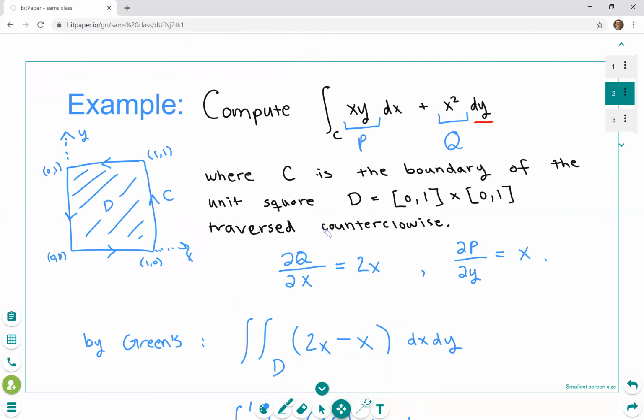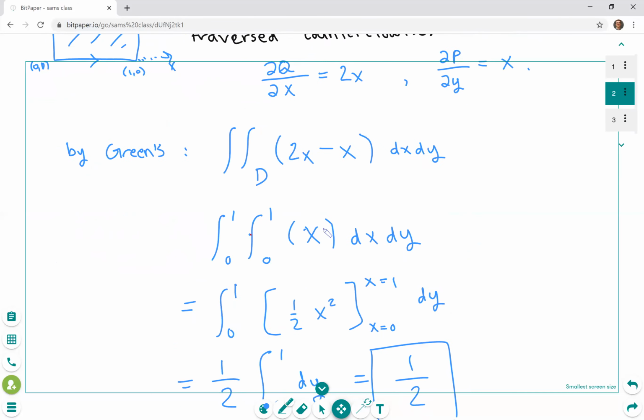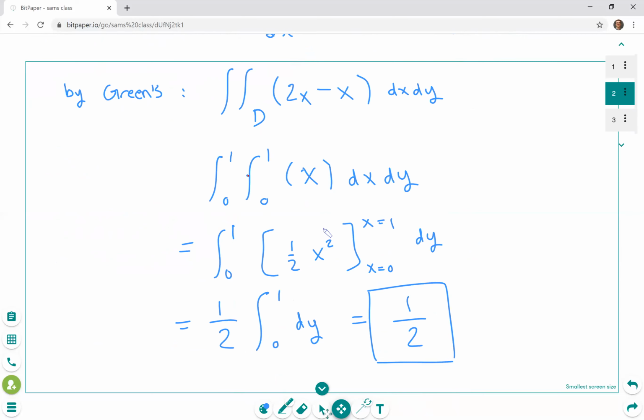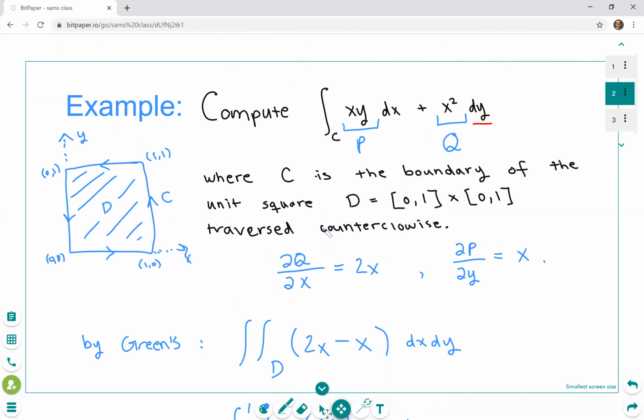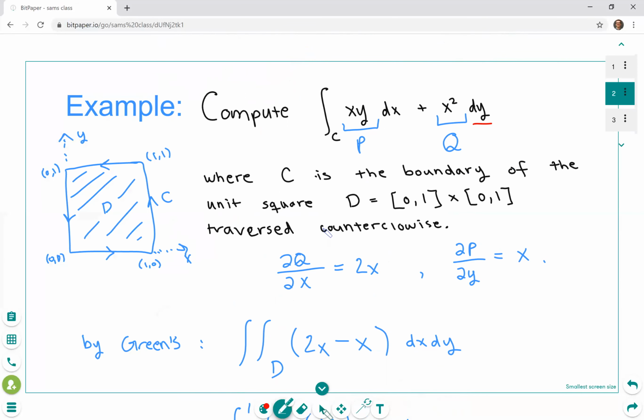So in this problem, let's just first appreciate how easy that was. We just had to evaluate this integral over a rectangle of x, dx dy. If you were to actually compute this line integral, you would have to parameterize 3 curves, or right, 4 lines.